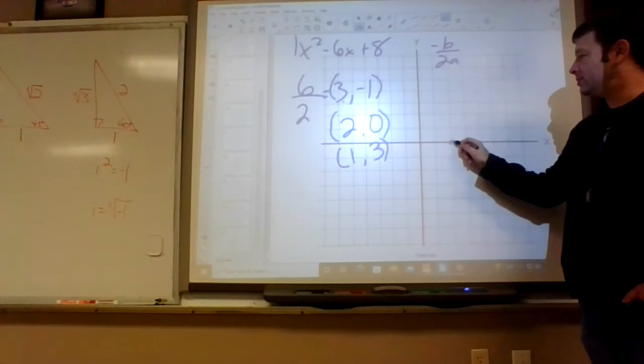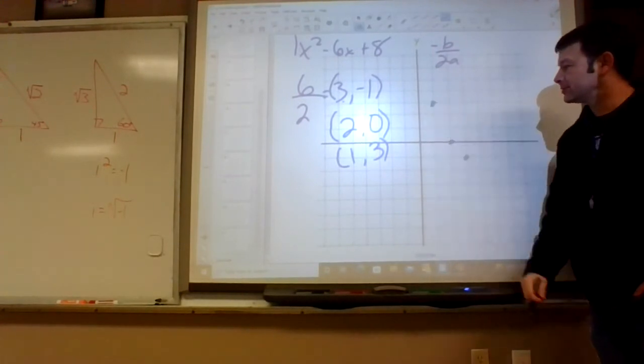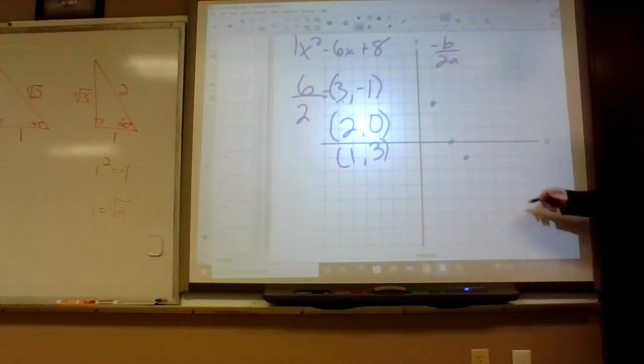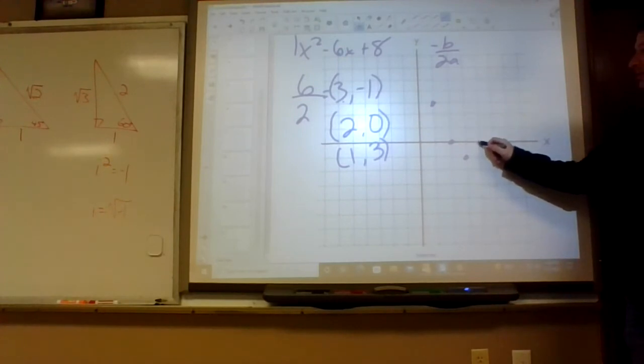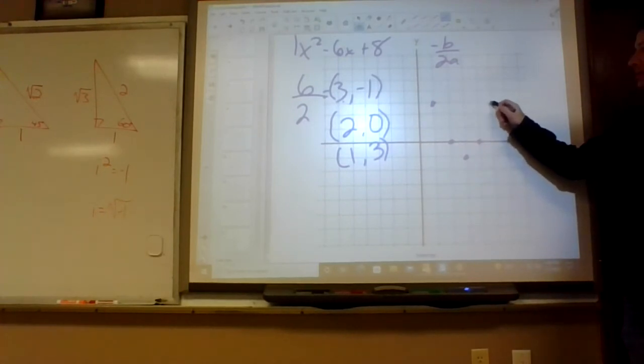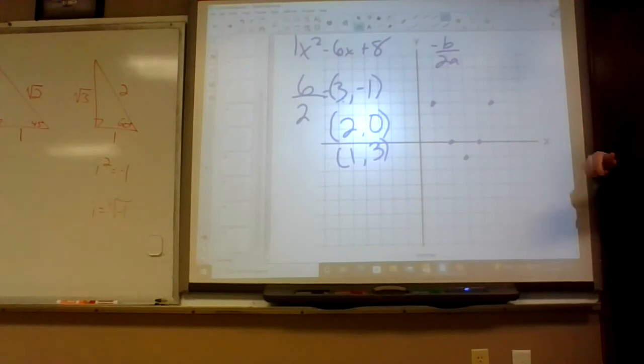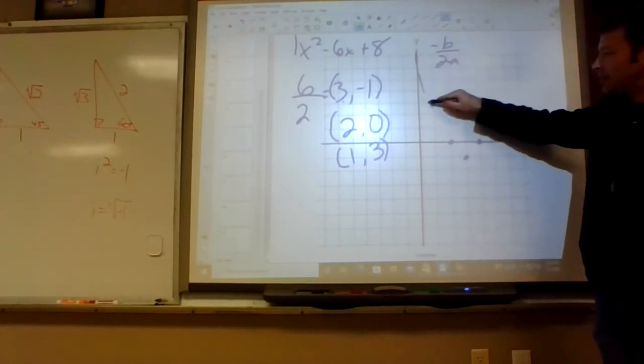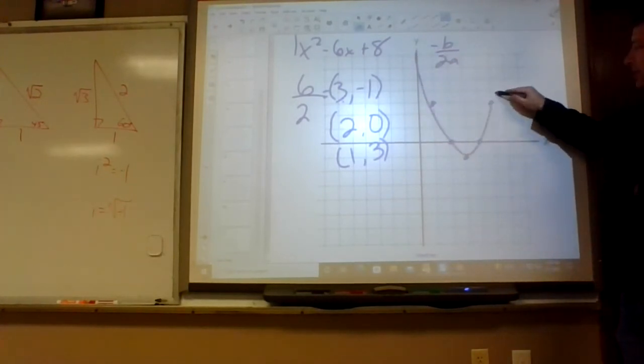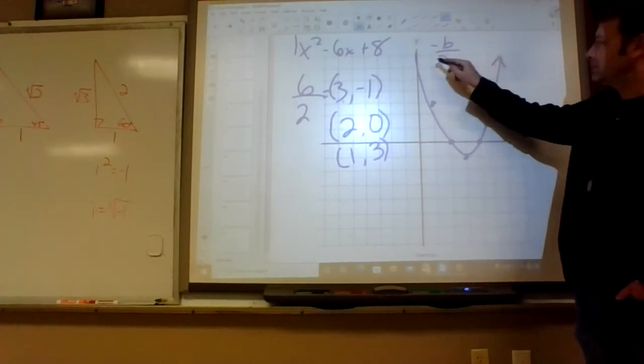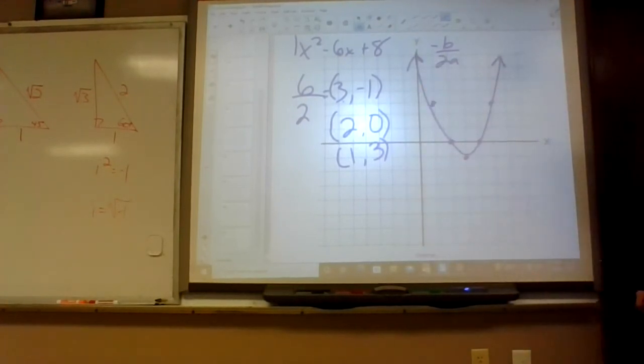So 2, 0, 1, 3. And then draw the mirror points. Unlike yesterday, when we were doing inequalities where we had to do the shading, we're not doing that today.